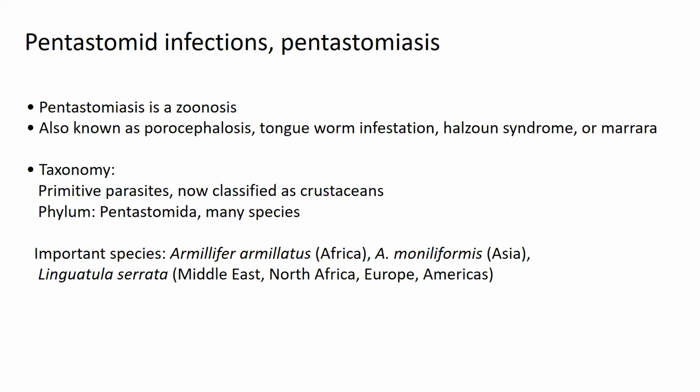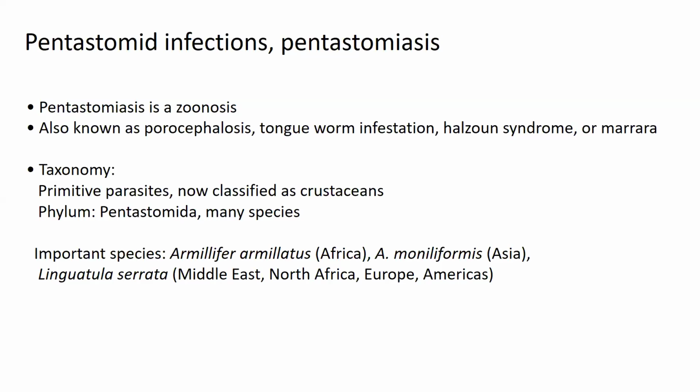So for a long time, these parasites were a taxonomic mystery. At some point, they were thought to be a type of arthropod, but now they're classified as primitive crustaceans which have adapted to a parasitic existence, and they belong in the Pentastomida phylum, and there are several genera and many species.